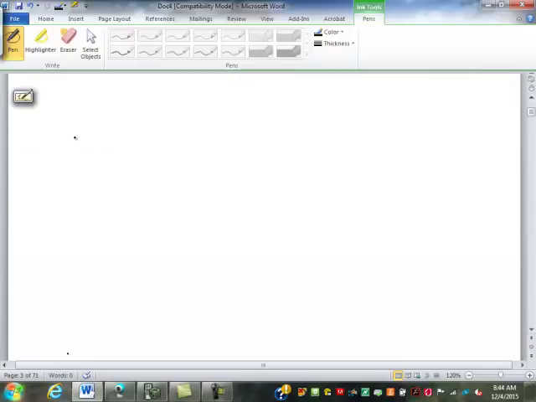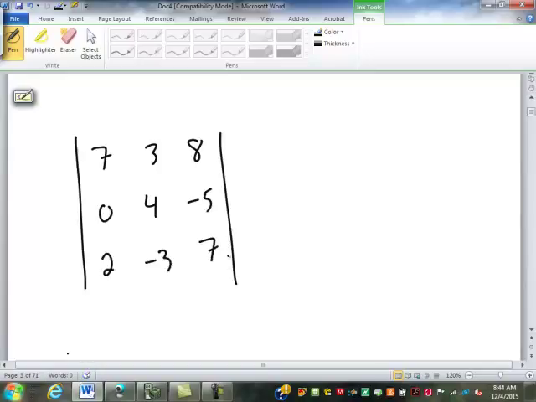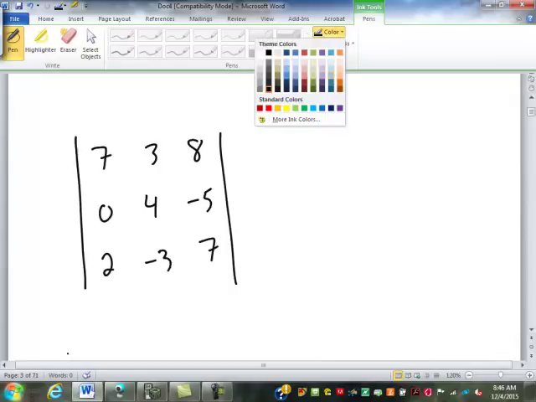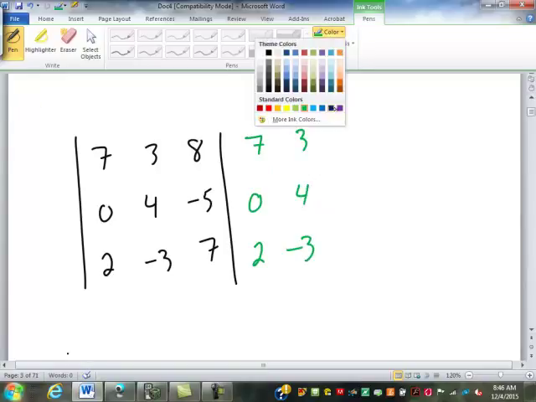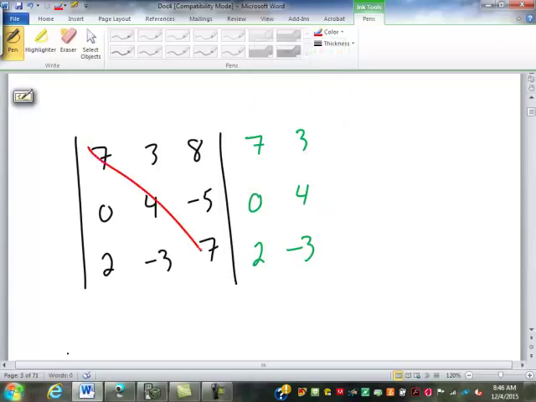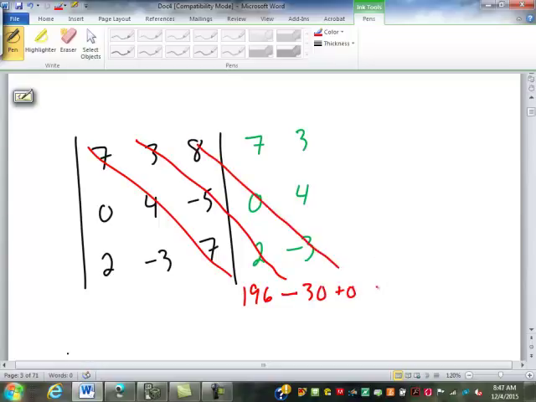Try that one quick. So I'm going to rewrite my first two columns. And then we're going to do the down product. 7, 4, 7 makes 196. 3, negative 5, 2, negative 30. 8, 0, negative 3 is 0.